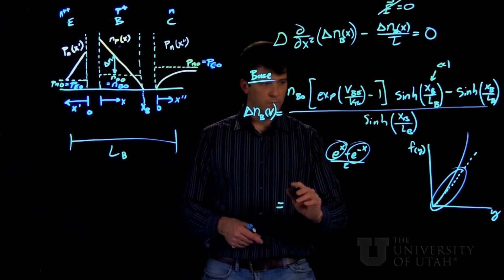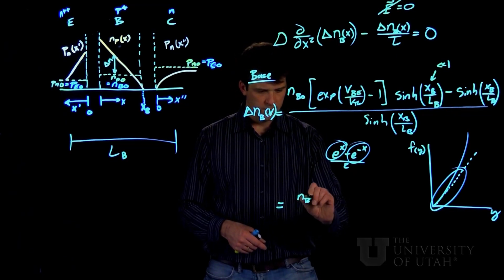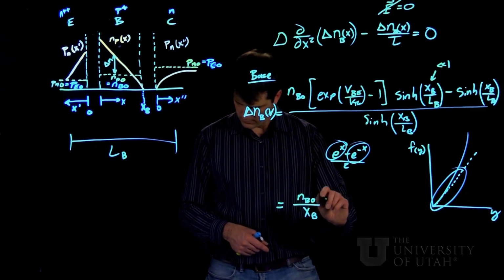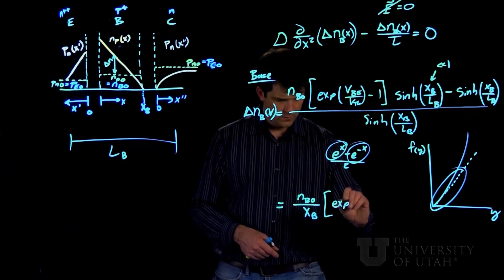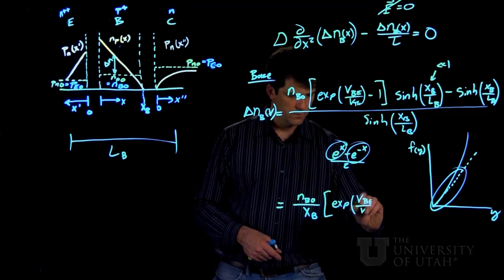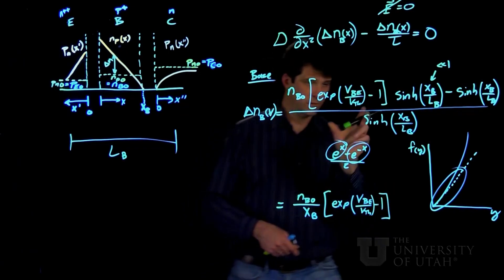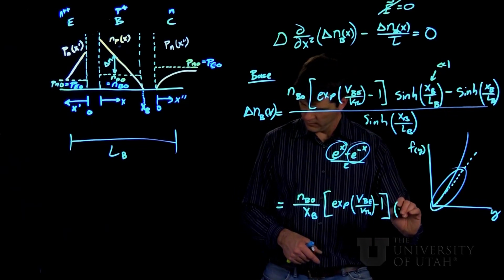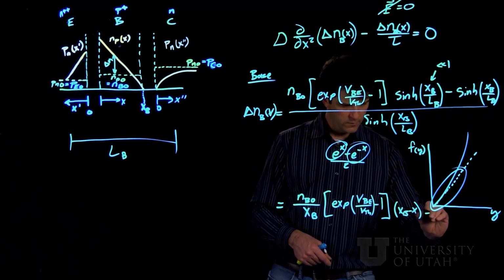So after we make this linearization approximation, we can finally simplify this to be more compact here. So we're still retaining the ideal diode law, not making the small voltage approximation here yet. And then this is times x_B minus x.